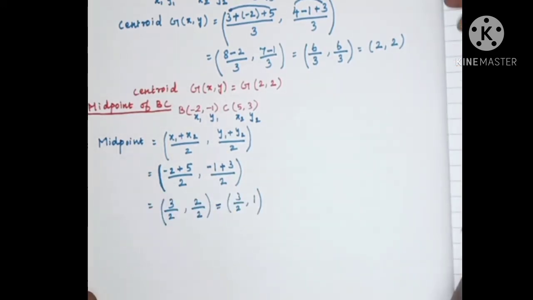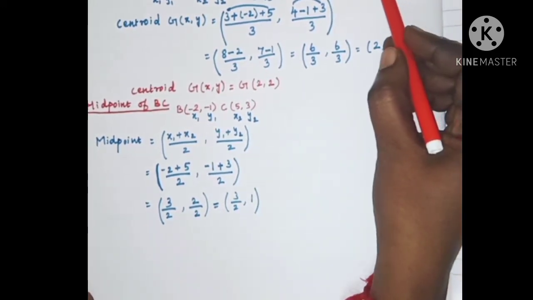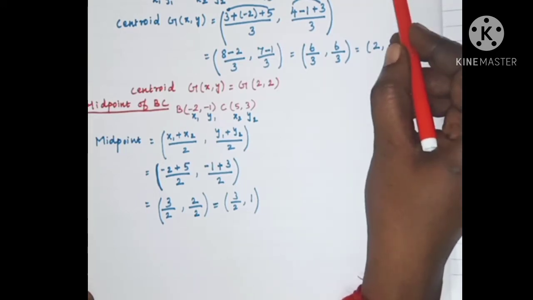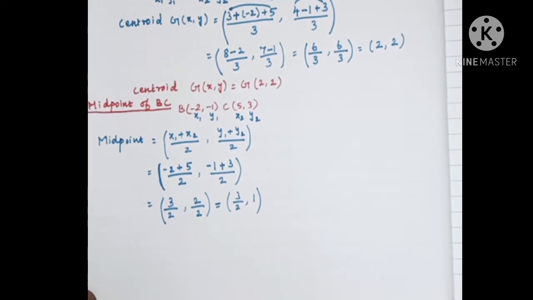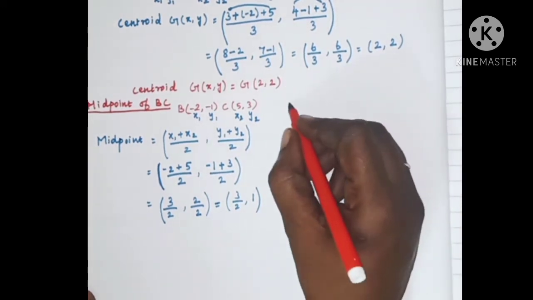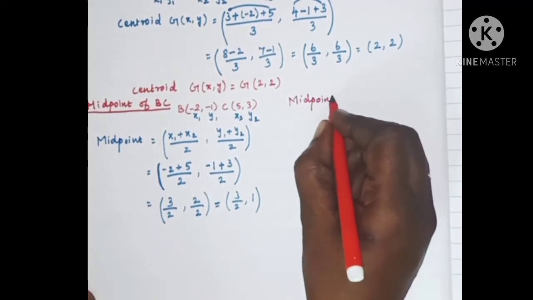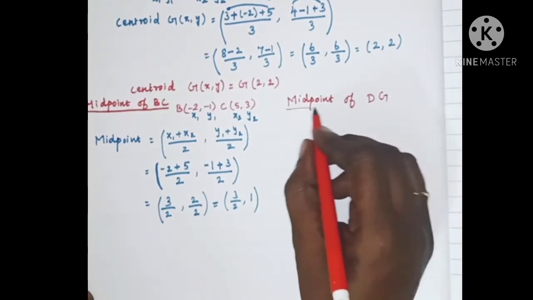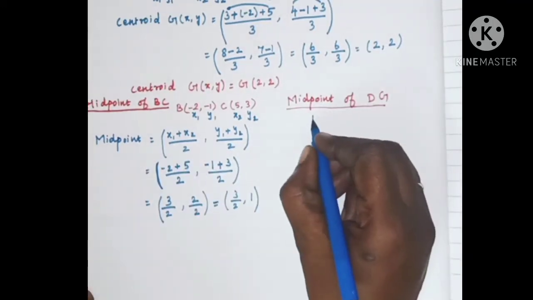Now we have to find the midpoint of DG, this diagonal. First we found the midpoint of the diagonal BC. Now we are going to find the midpoint of the other diagonal DG. What are the coordinates of D?